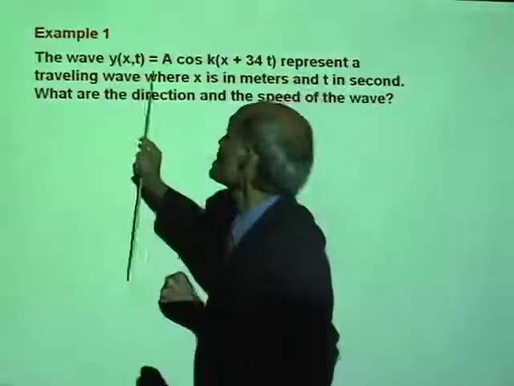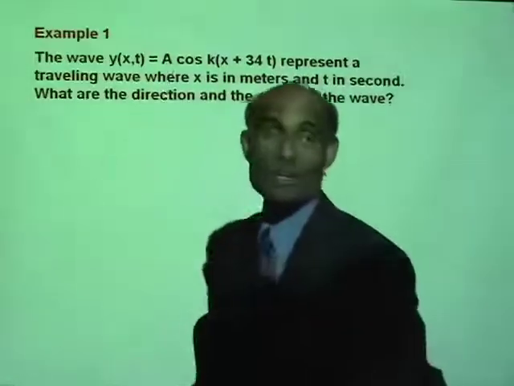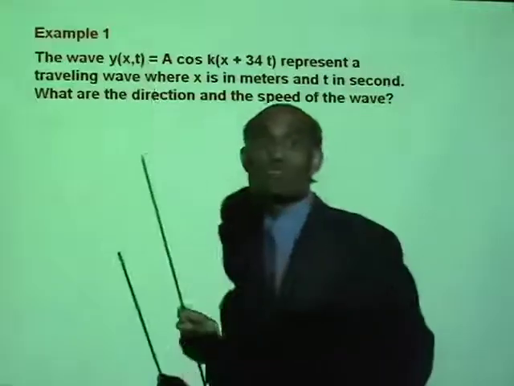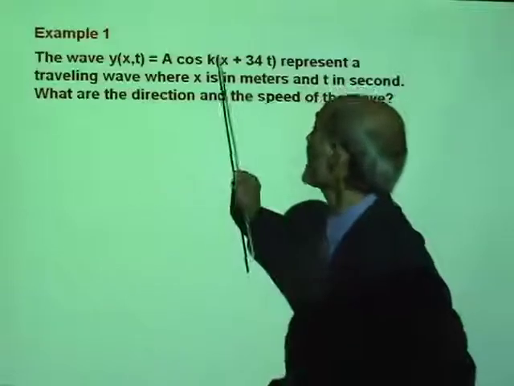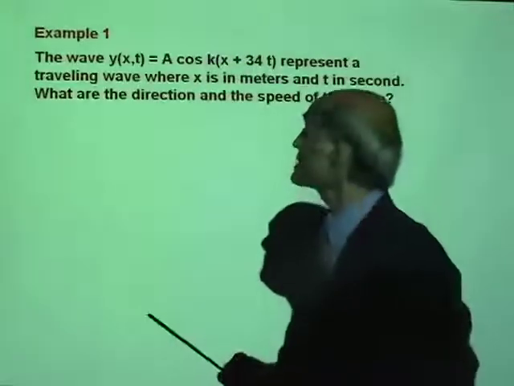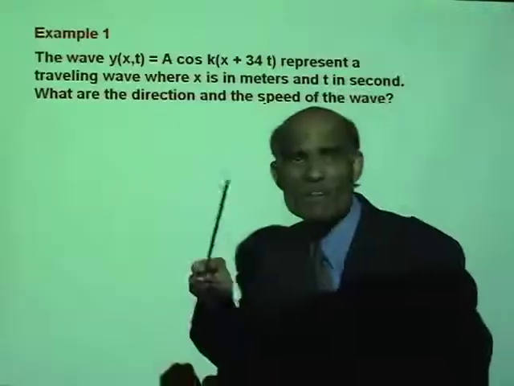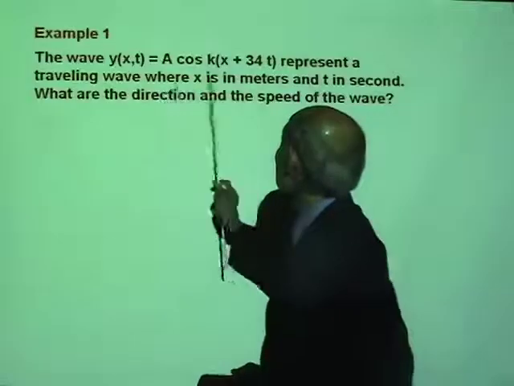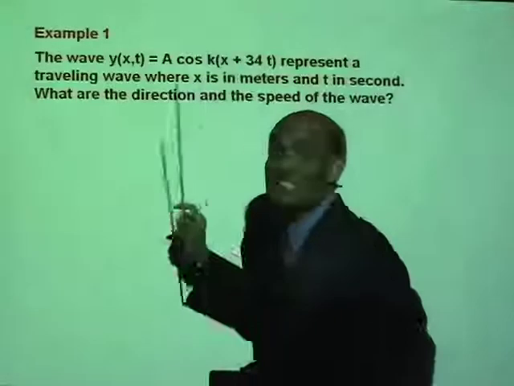That will make the equation a cosine equation. So the wave y(x,t) equal to a cos k times (x plus 34t) represents a traveling wave, an advancing wave, where x is in meters and t is in seconds.